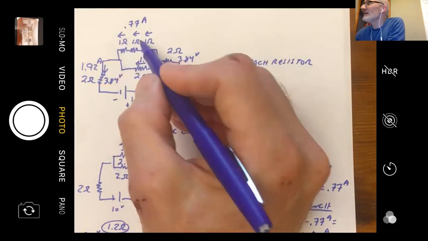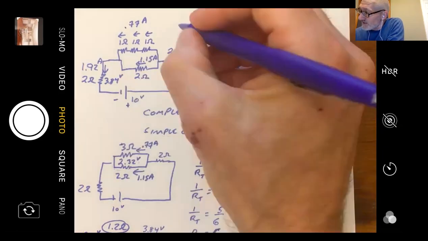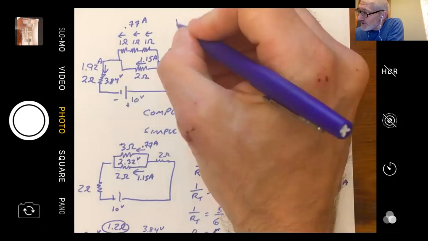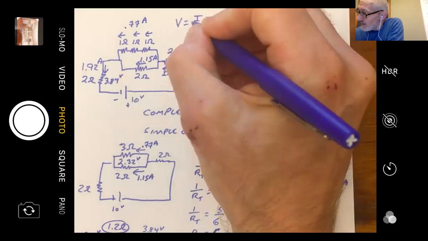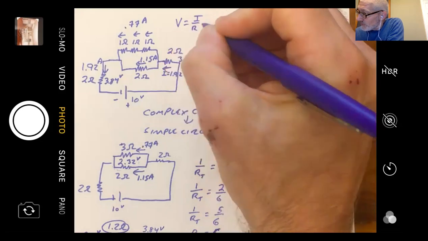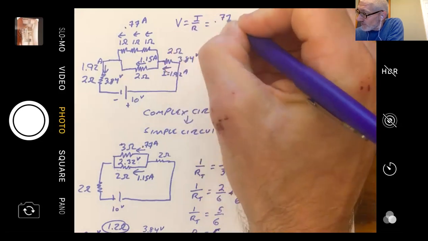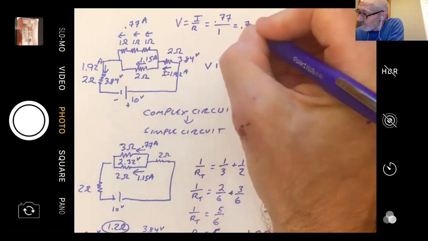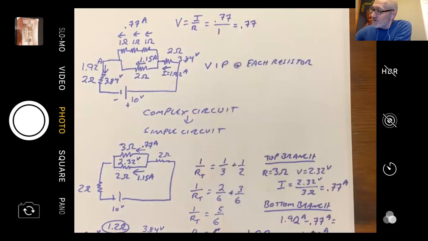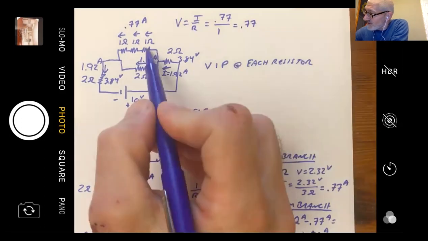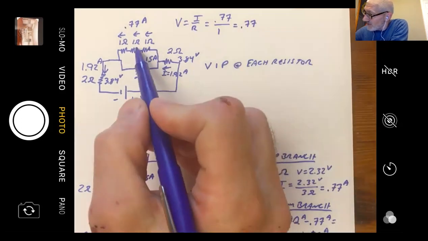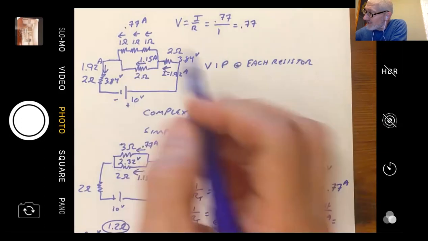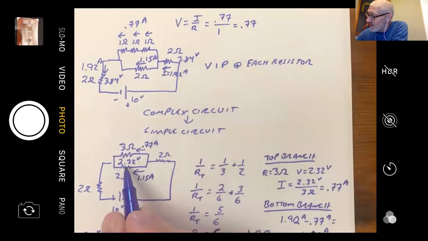If you don't believe me, you can figure it out, because we do know that voltage is equal to current times resistance. So 0.77 is the current through each one of these guys. The resistance is 1. So the voltage is 0.77, 0.77, 0.77. If I added 0.77 together 3 times, it should give me something very close to 2.32.